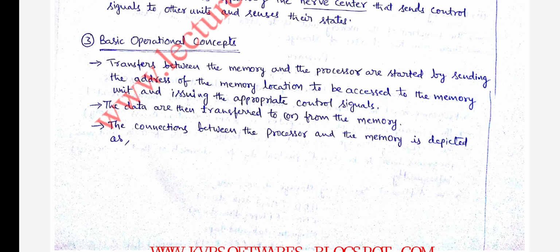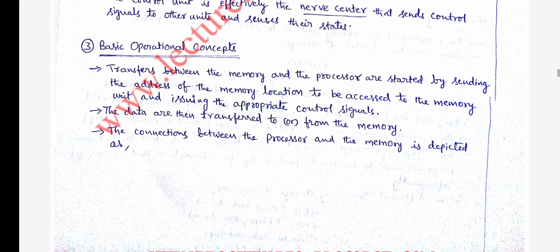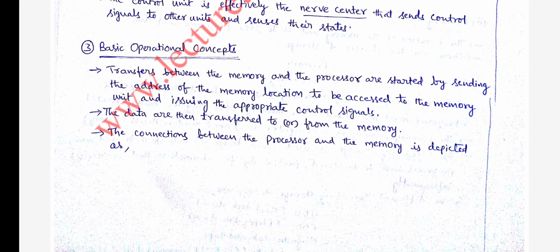Hope you know the transfer between the memory unit and the processor is done by sending signals about the particular memory locations. These basic operational concepts mainly say how the communication is done between the processor and the memory unit.